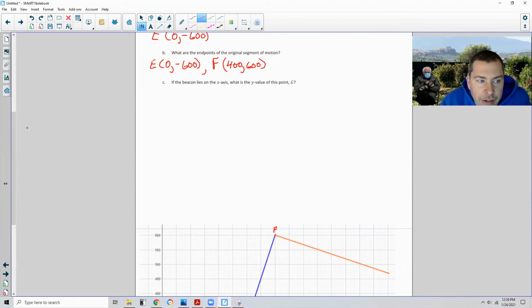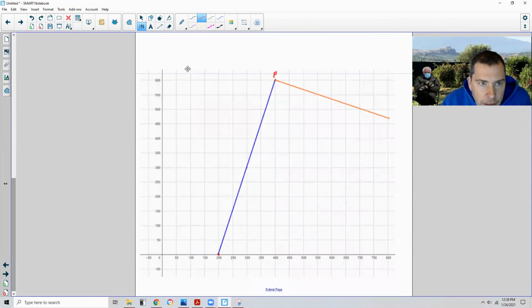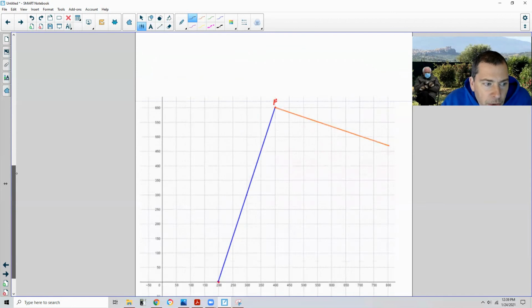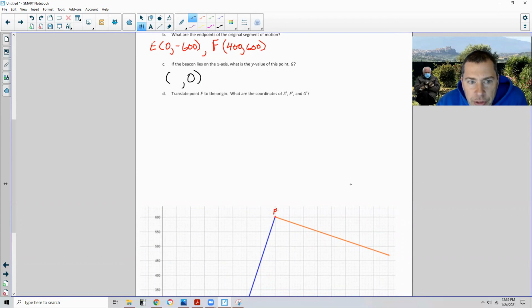When we're on the x-axis, this point right here is 50, 0. This is the point 100, 0. This is the point 150, 0. The y value of point G is 0 because it's an x-intercept. Fair enough. So now we know half of the solution to this.